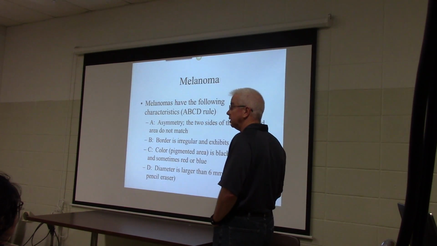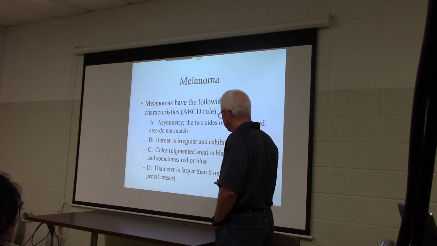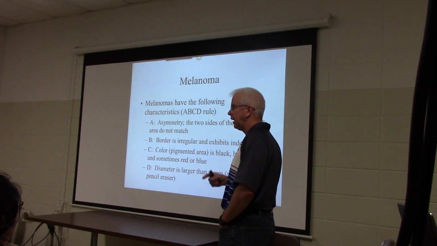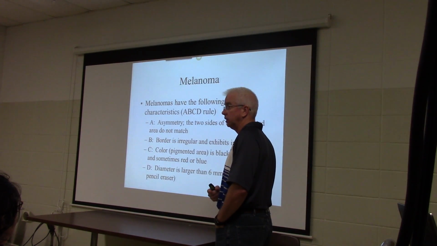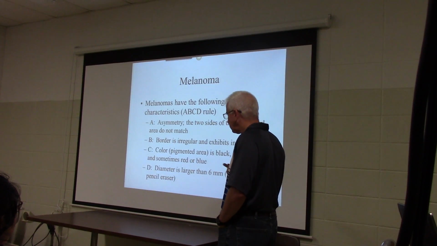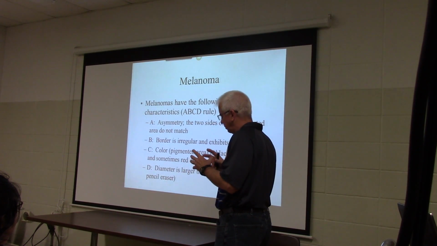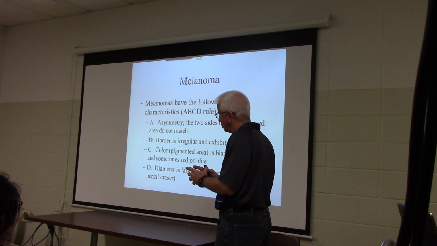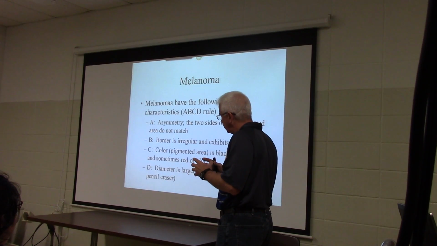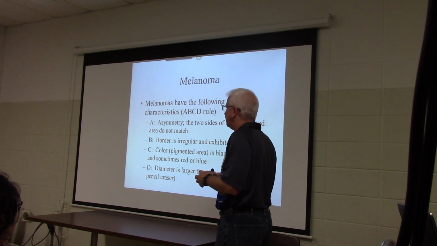All right, so let's go to B then. They have an irregular border. What's the difference between being asymmetrical and having an irregular border? Different shape versus the color changes as it goes around it. Yeah, you're right. I'm not to the color, you're a little ahead of me. I'm looking at a freckle and I'm looking at a mole. I can see that the freckle is asymmetrical. The question then is, does it have an irregular border?